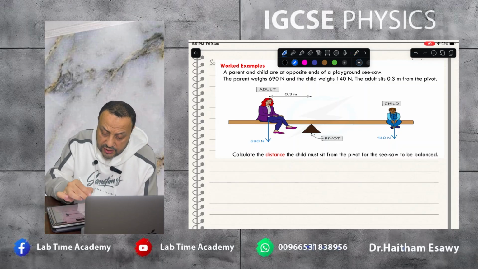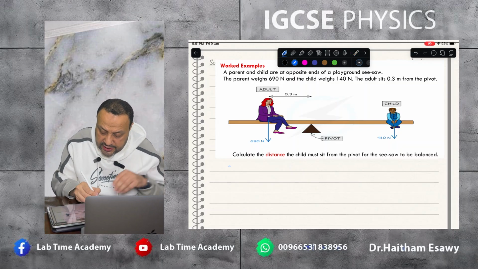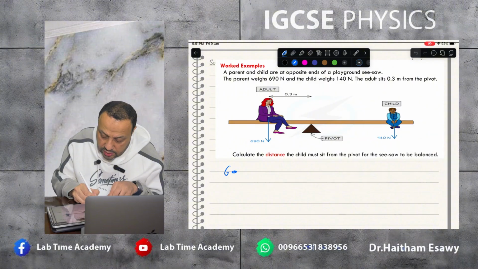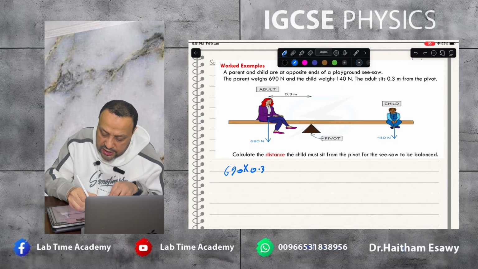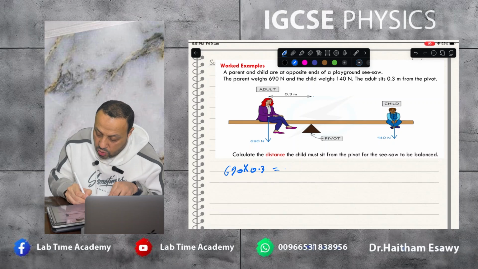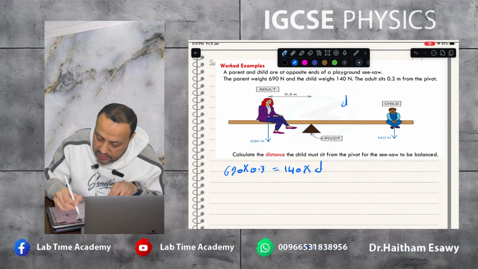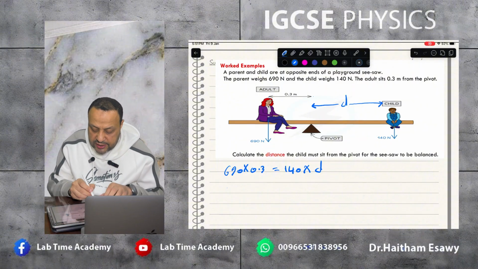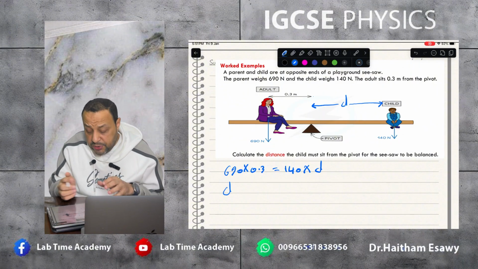So this means that 690 multiplied by 0.3, because the distance is between this point and the pivot, equals 140 multiplied by d. This will be d between the child and the pivot. So we can get d as the subject.